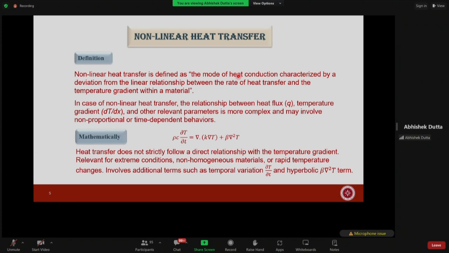These nonlinearities, the nonlinearity that I just mentioned, can lead to phenomena where rapid temperature change can happen. In this case, this rapid temperature change is nothing but a thermal runaway, where suddenly the temperature goes very high. For example, the huge accident in the Bhopal gas tragedy.